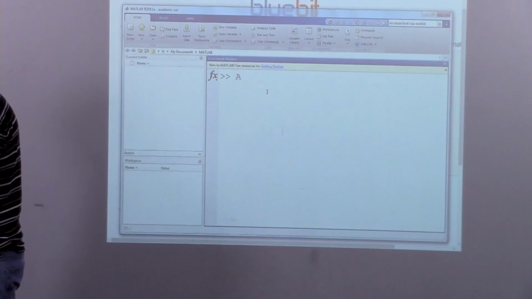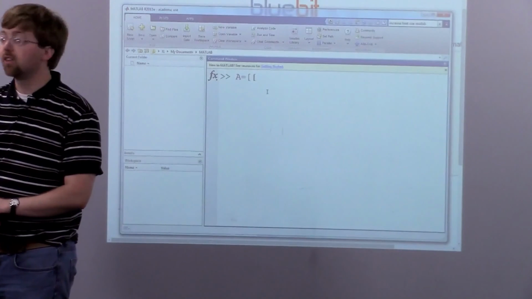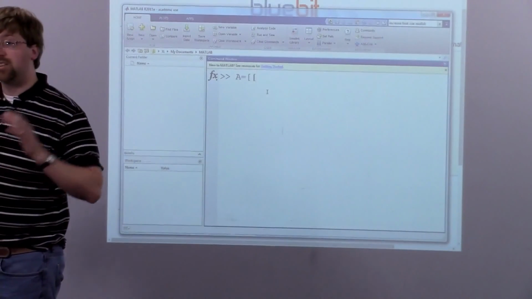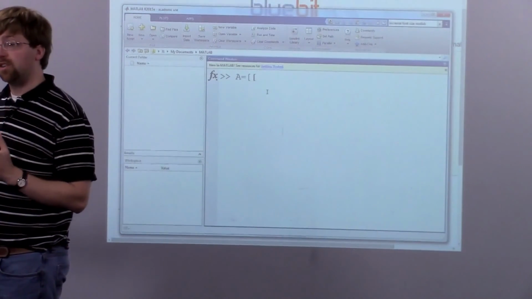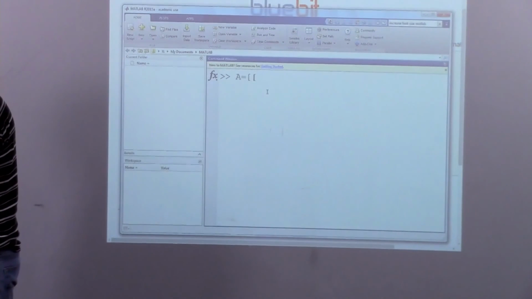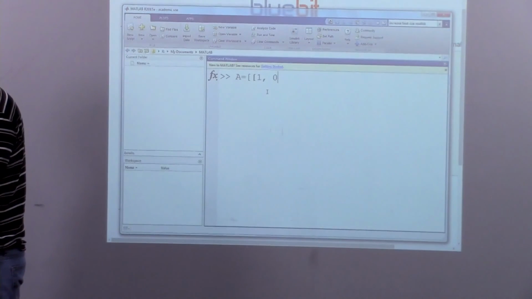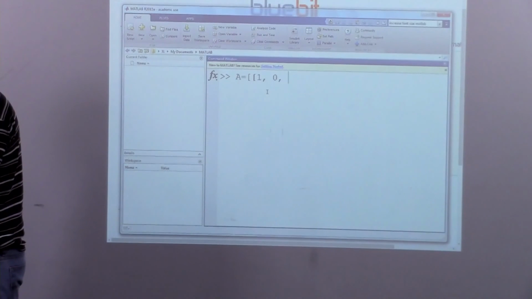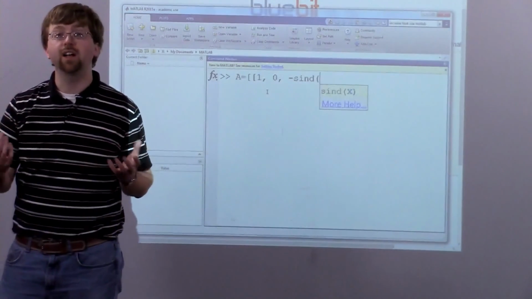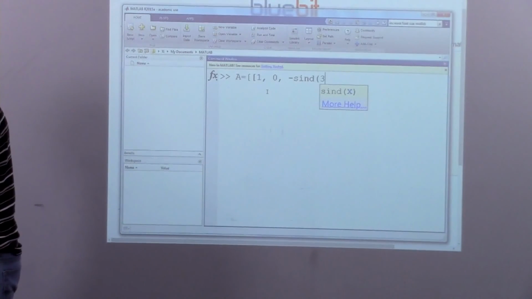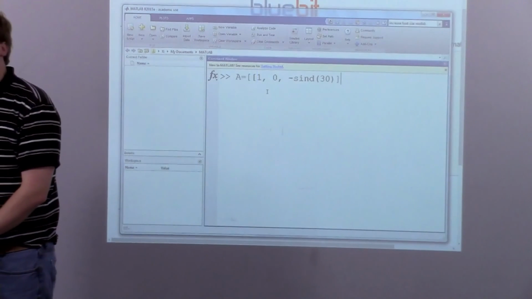And so I do A equals, we're going to do 2 opening square brackets, and so the first bracket is just the whole matrix, the second bracket is for the first row. And so the first row is 1, 0, and then negative, and I use sind, because I'm going to do the sine in degrees of 30. Alright, so that is my first row.